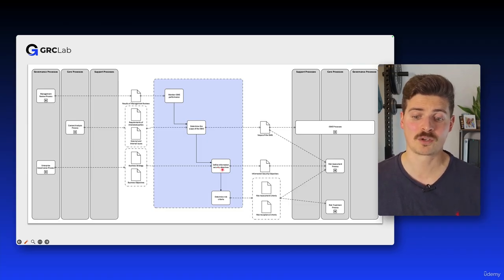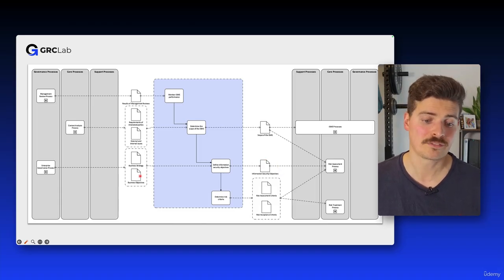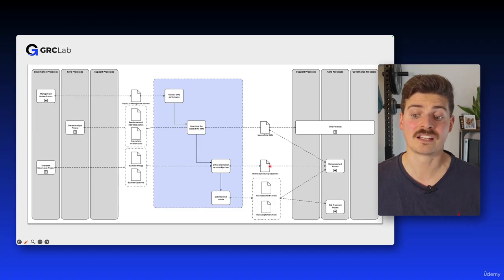Now, these information security objectives have to be aligned with your overall business strategy so that they support your business objectives. This is what's typically called business alignment. So there we have this connection. And the output are the so-called information security objectives that are derived from the business objectives and are then an input to other processes on the right-hand side. And that's basically how you have to read this diagram.